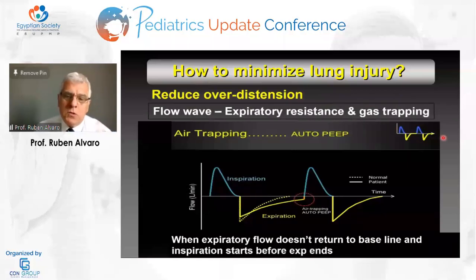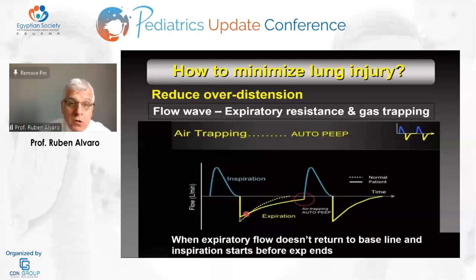You diagnose it by looking at the flow waveform, okay? In the waveform, anything that goes up is inspiration, and everything that goes down, in yellow here, is expiration. The dotted line here is a normal expiratory flow that reaches baseline before the next inspiratory flow begins. In this case, it could be for two reasons.